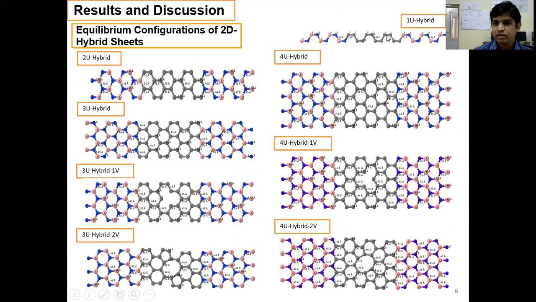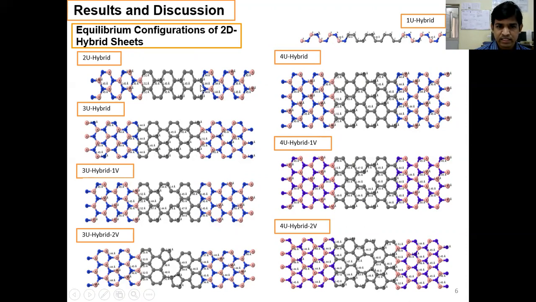And for this hybrid atomic sheet, we have a zero forbidden energy gap. This has also been published in Physica E.